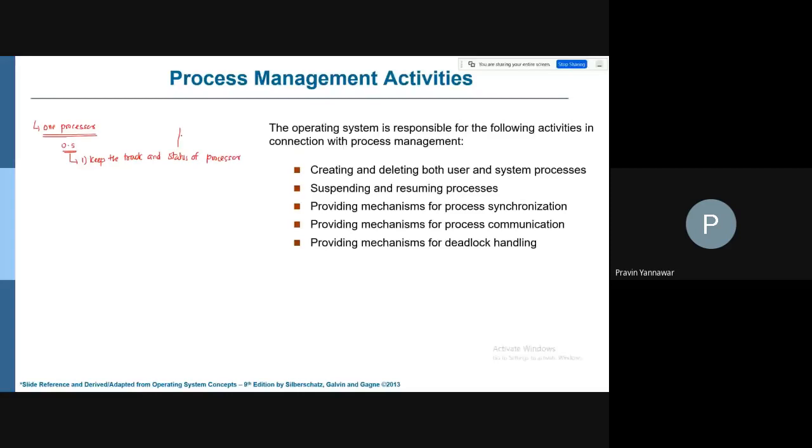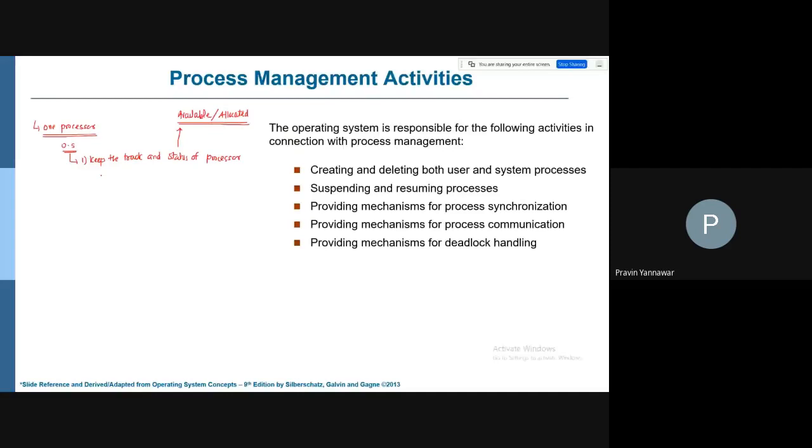When I say status, it is simple: available or allocated. If it is available, you can use it. If it is allocated, then wait. So keep track of the status of the processor.